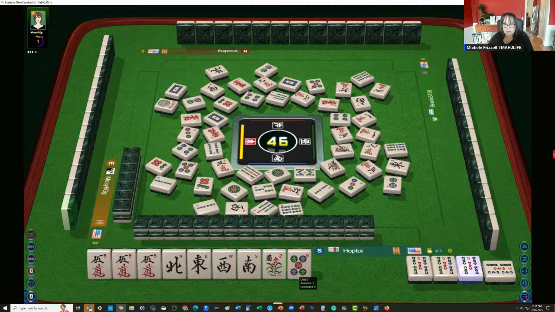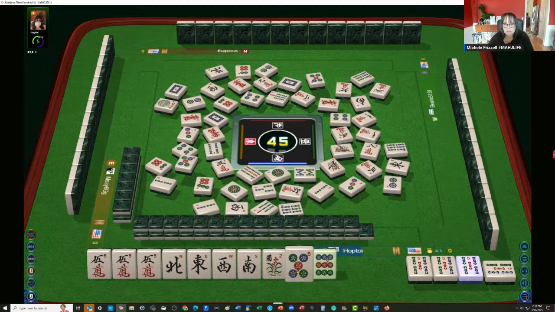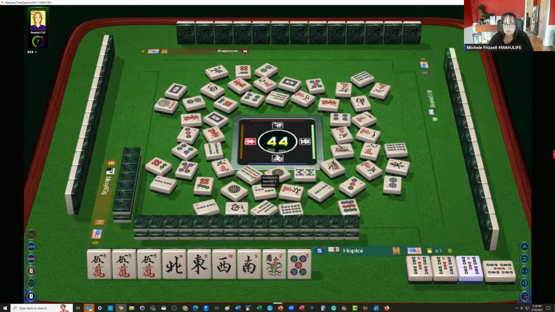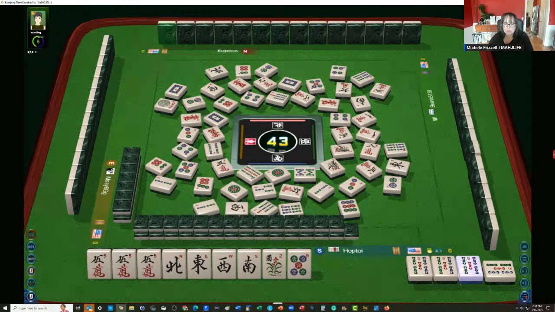I don't see any flowers yet. 6 dots. Okay, 9 dot. 2 5s are out. 9 dots. Someone playing the 998 pair hand. There's 1 9 bam out. 4 dots. Somebody could be playing that 998 pair hand. Green dragon. I don't see very many 987s out there.